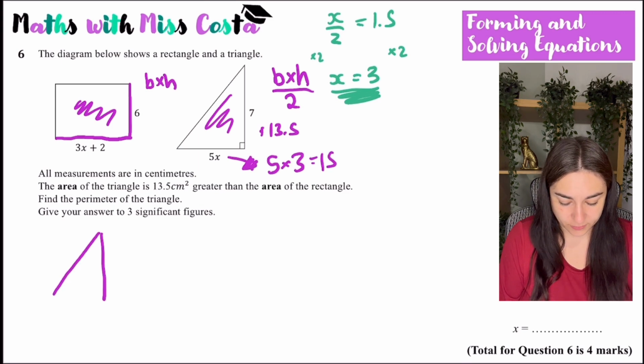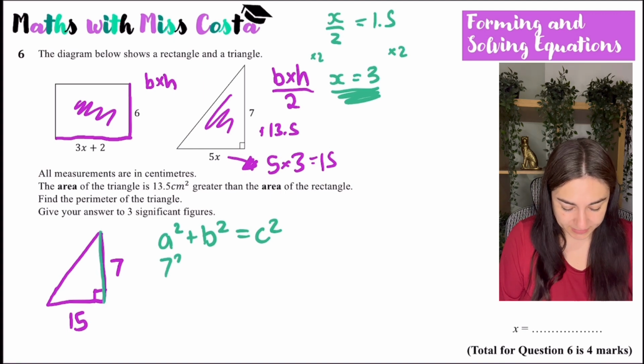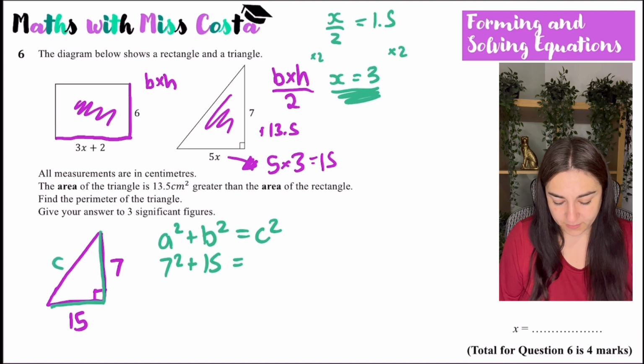So I've got a triangle, and I need to work out its perimeter. It's a right angle triangle. So I've got 7, 15, and I can use Pythagoras to figure out its hypotenuse. So Pythagoras is a squared plus b squared equals c squared. So that must mean that 7 squared plus 15 squared must equal c squared.